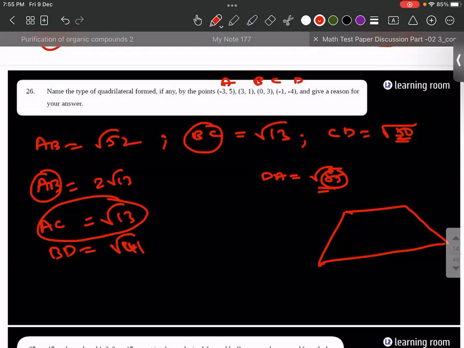They're collinear. Observe, AC plus BC is equal to AB. So we should have actually checked the diagonals also before we came to a conclusion. So they are collinear. That is why.